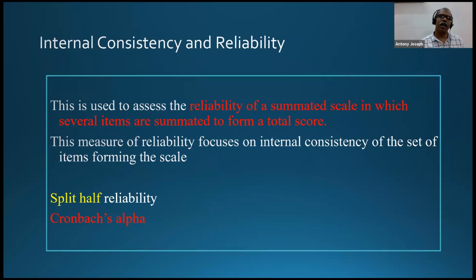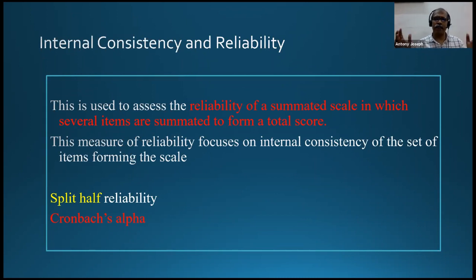Then, internal consistency reliability. The issue of internal consistency reliability arises when we are applying a summated scale, where there are a large number of items to form a total score.